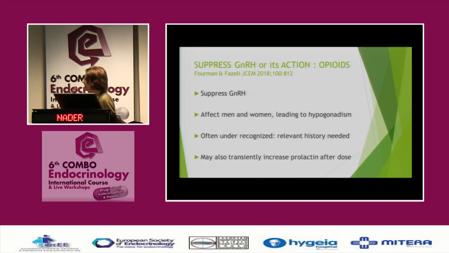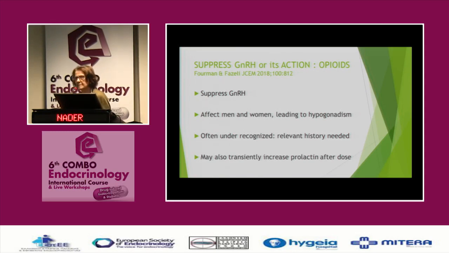So one of the drugs that's already been talked about that suppresses GnRH directly are the opioids. These affect men and women equally, or perhaps a bit more so even in men. We see it more in men, leading to hypogonadism. It's often under-recognized and a relevant history is needed.